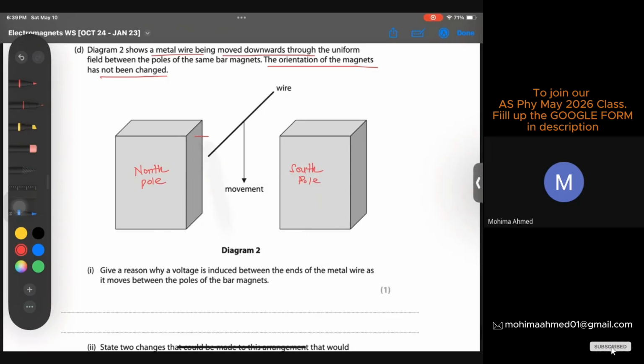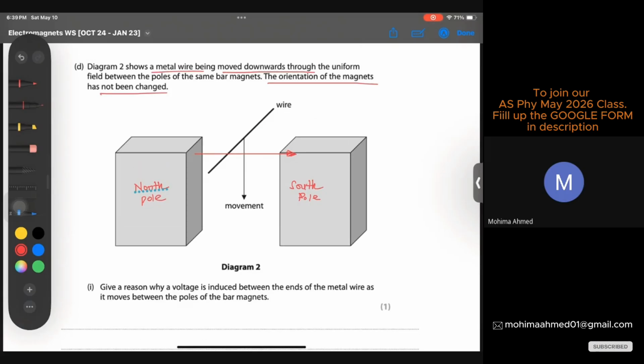So we have this direction of field line over here. What information is given? Force and field line are given.